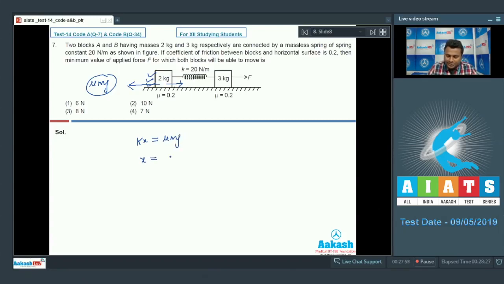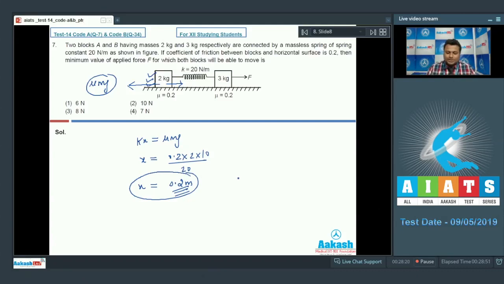X will be mu, that is 0.2, m, that is 2 kg. Gravity we have to take 10 divided by k, that is 20. So this block will move if and only if there is the extension in the spring, that is by 0.2 meter. The block will move when a spring will be stressed by 0.2 meter.